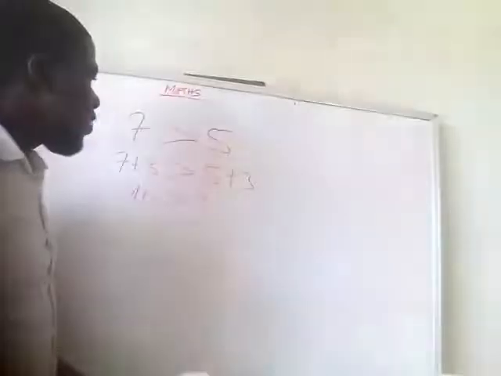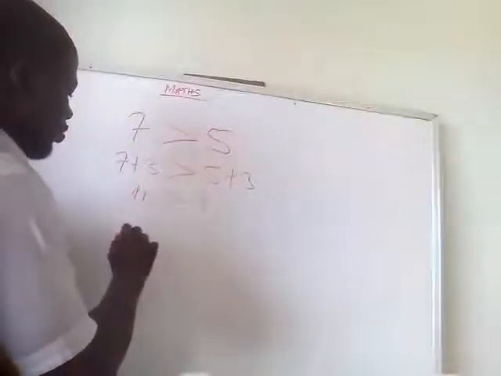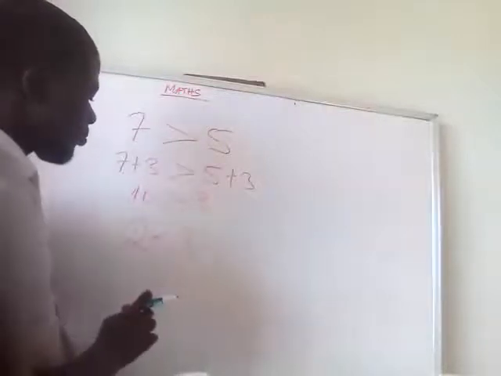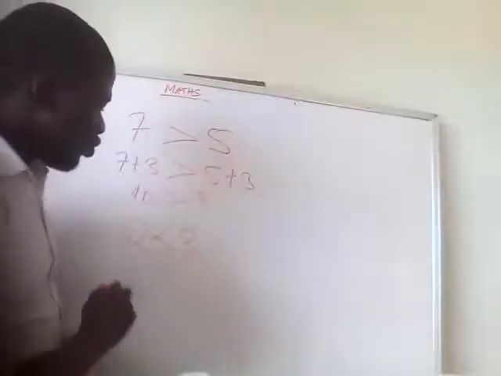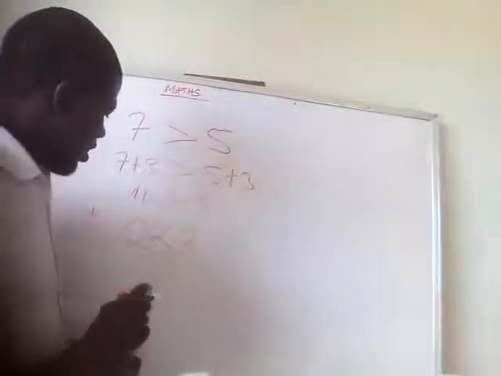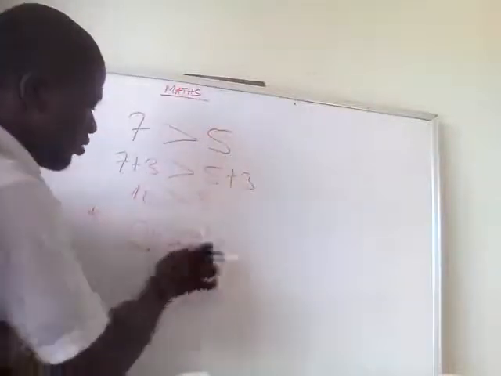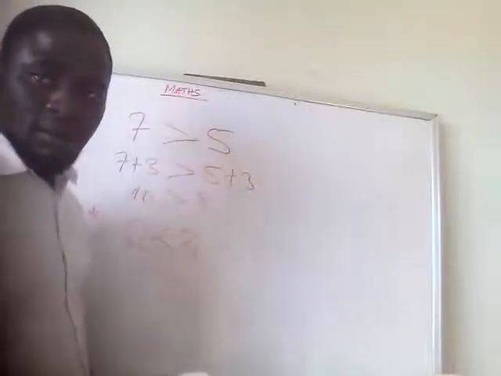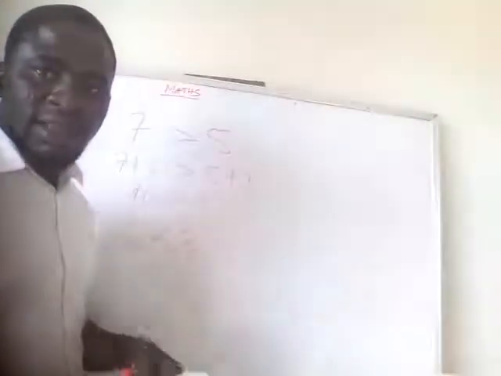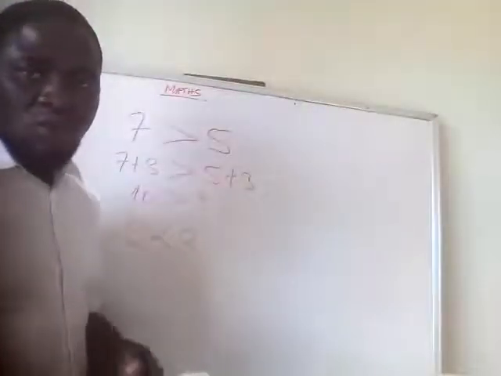Okay, let's say if you have 2 is less than 3. So that's the second one. If you add any number to the left and to the right, so long as it's the same number, you will also have the left hand side less than the right hand side. I want to use 2.